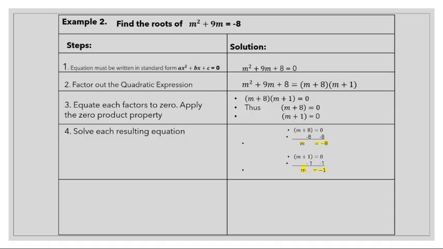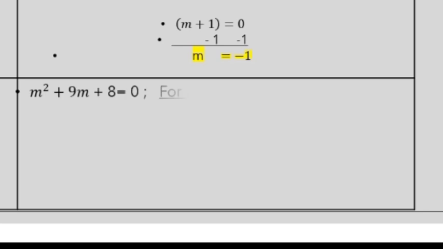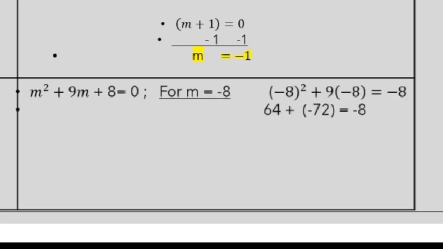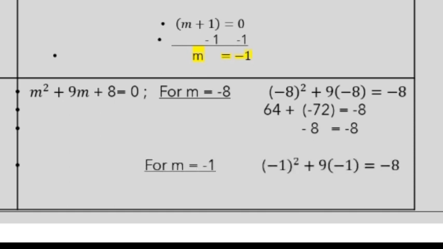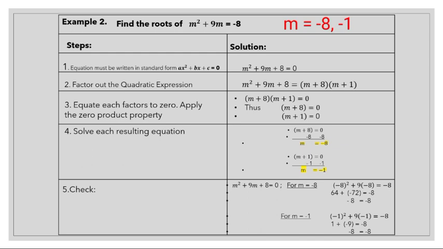For the last step, check. Then, the solutions for m squared plus 9m equals negative 8 are negative 8 and negative 1.